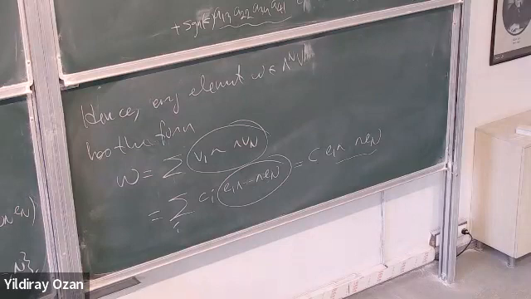The elements wedge of e_{i1} through e_{ik}, where i1 is less than i2 less than ... less than ik, all between 1 and n, form a basis. Here, of course, beta is a given basis.